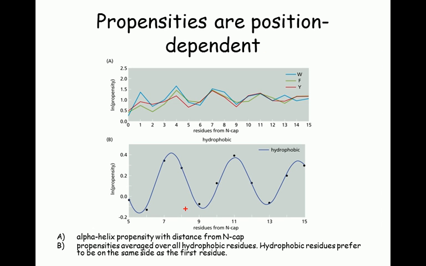So this is another evidence that the propensities or the secondary structure likelihoods are position dependent. Okay, so what that means is if you look at the position of the amino acid, so where that amino acid is, it will have a different likelihood for being a helix. All right?